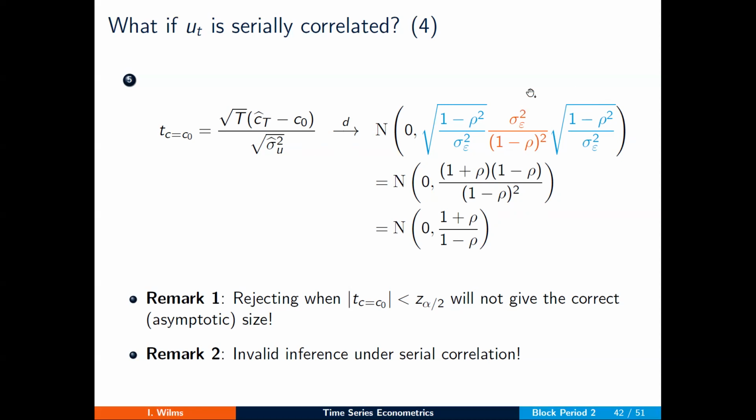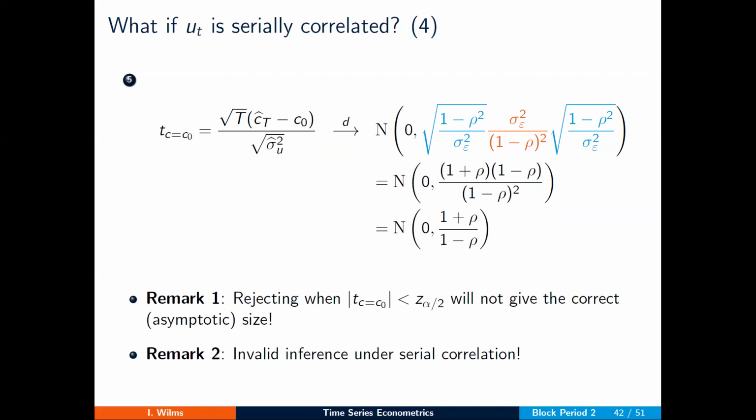Now, what you first see is that all the variances, the sigma squares, they cancel out. And the numerator can be rewritten like this, such that you can also see that this term over here cancels out with one of the corresponding terms in the denominator, and we're left with this final expression.